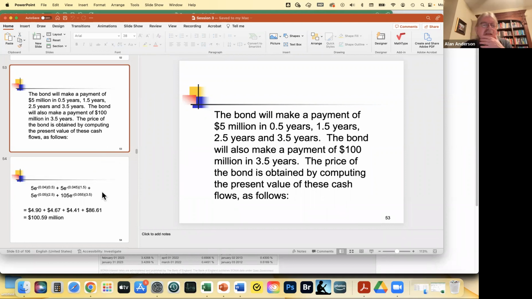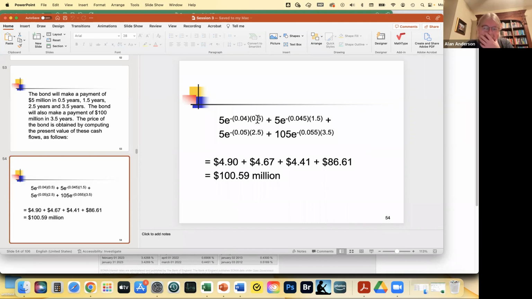So the cash flows look like this, and these are in millions. In 6 months, $5 million. A year later, $5 million. A year later, $5 million. And finally, another year later, 105, which reflects the last coupon payment plus the repayment of the principal, the $100 million they used to buy this bond.